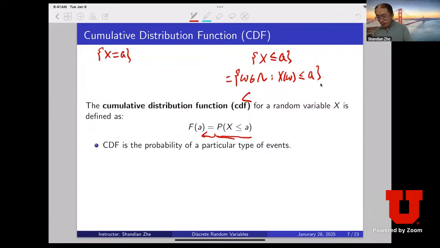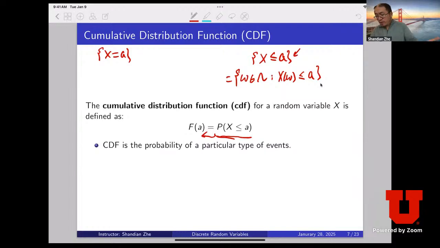Right? So we want to look at first, what does the event X less than or equal to A represent? As the name suggested, it just represents all the elements in the sample space which, when you evaluate such an element with your random variable X, the value will be less than or equal to A. That's it.